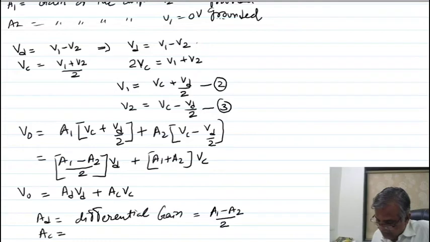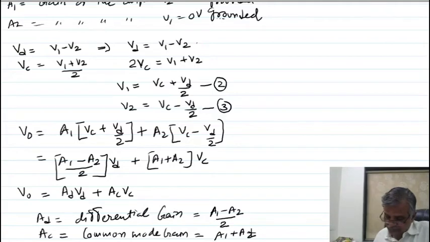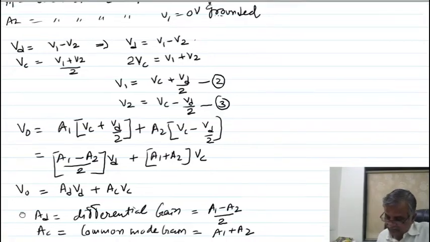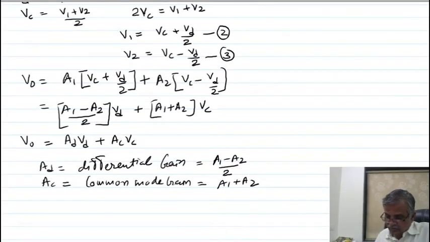AC is nothing but the common mode gain, which is A1 plus A2. So you can see here, you are getting output due to common mode gain also.